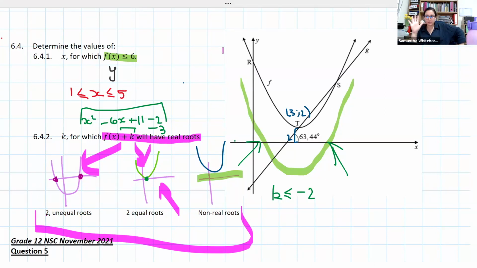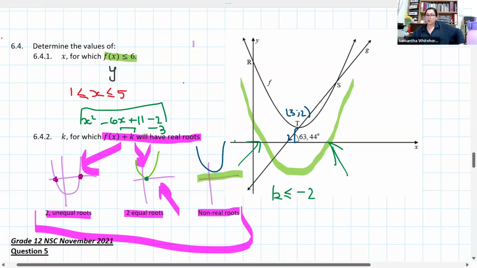But generally speaking, they approach it as either real roots or non-real roots. So you need to consider your shift up or down in order to create the scenario they've wanted for you. And you need to remember unequal roots, equal roots, and non-real roots. Those will give you the different scenarios that you're working with.